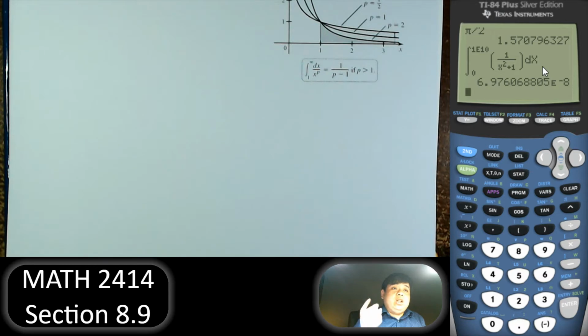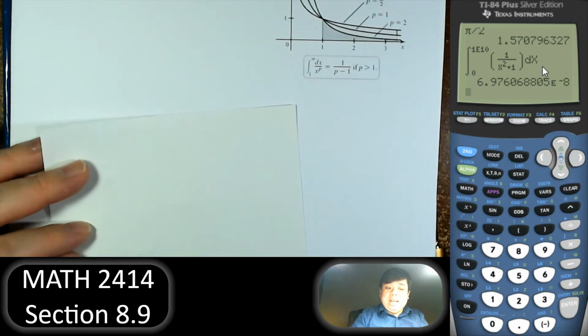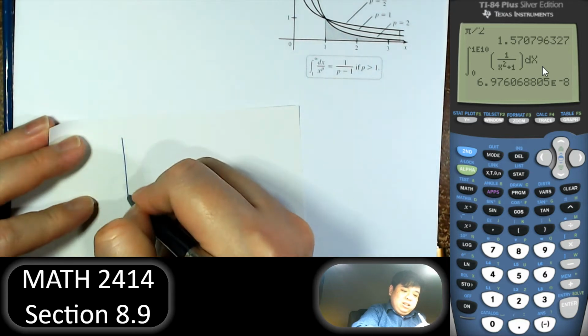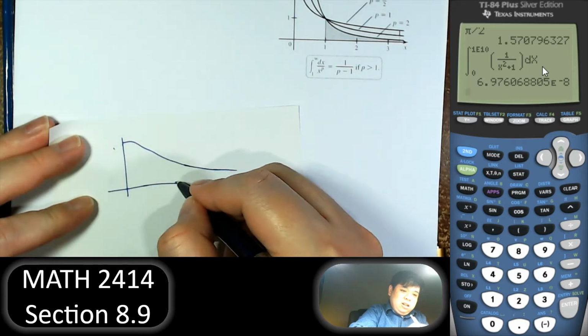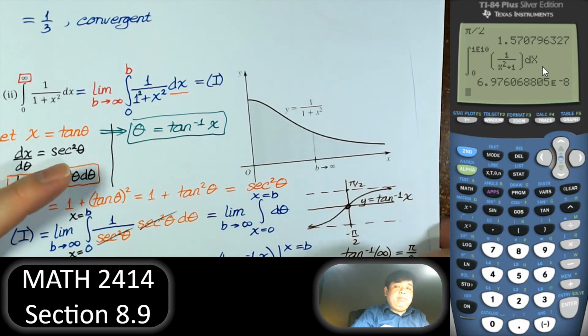What the calculator does is like what we did in the previous section, using the trapezoid rule, Simpson's rule, something like that, to evaluate the integral. Now if we want to go to something like 1 billion, the 1 over 1 plus x squared looks like this.